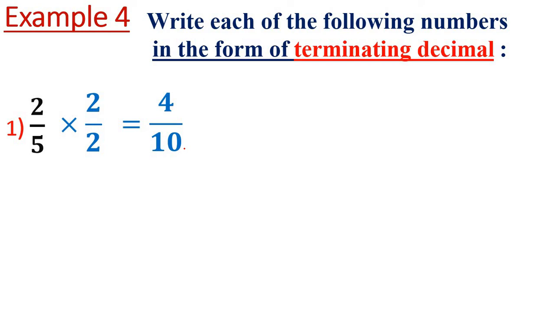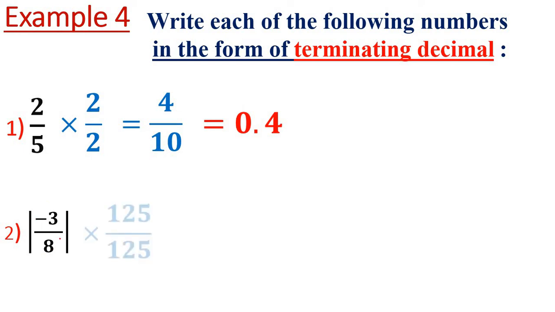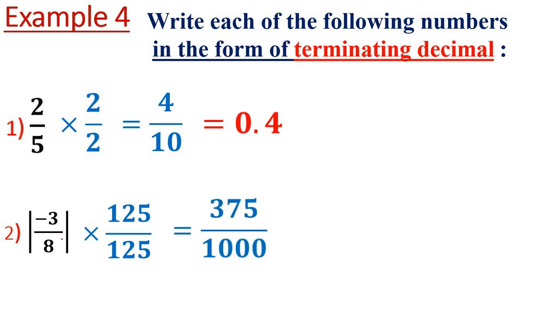It will be 4 over 10, so it will be 0.4. The absolute value of negative 3 over 8, multiplying by 125 up and down to make the denominator 1000. So 3 times 125 over 8 times 125 will be 375 over 1000.